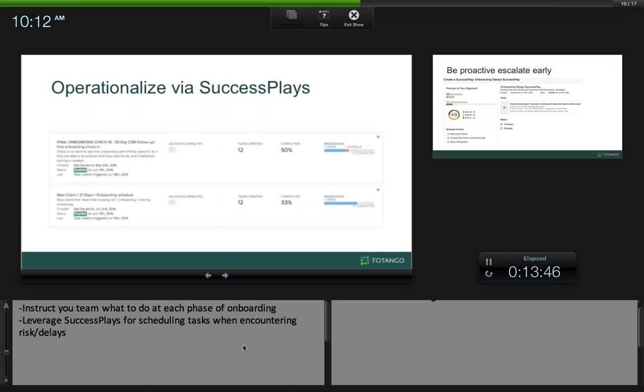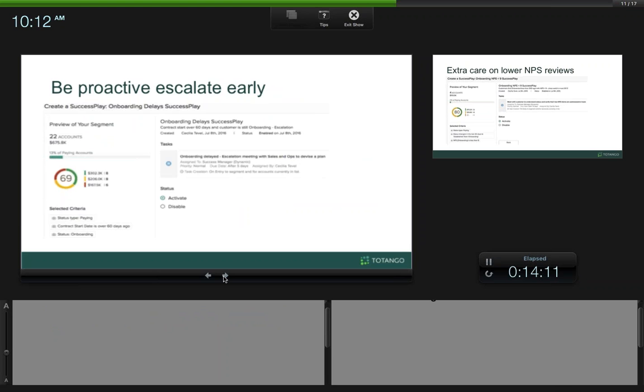And it allows you to schedule these particular tasks via success plays when you encounter delays, or if there's specific risk criteria that has been identified, a success play can be executed directly to the specific CSM. So it really helps get everything structured and well organized for the organization.